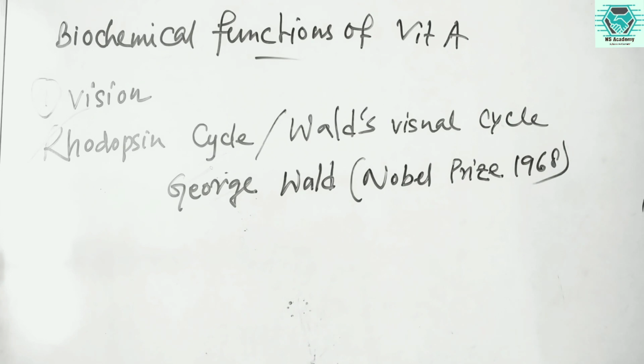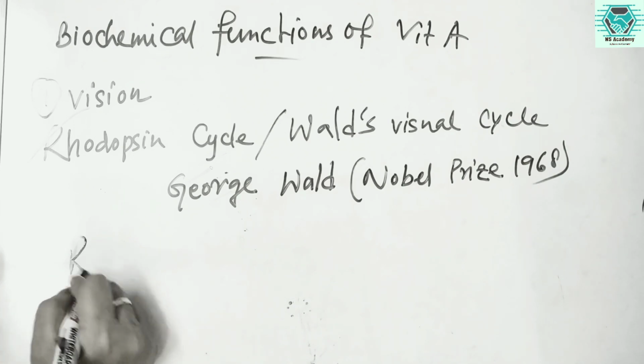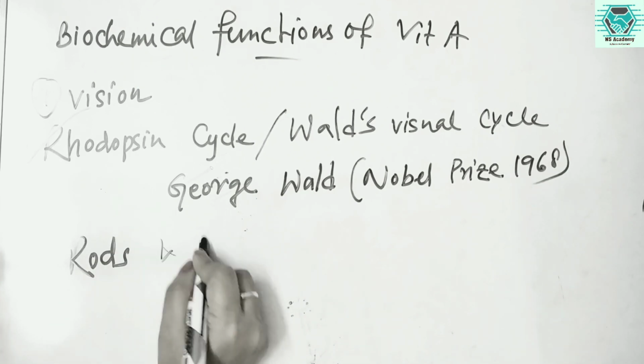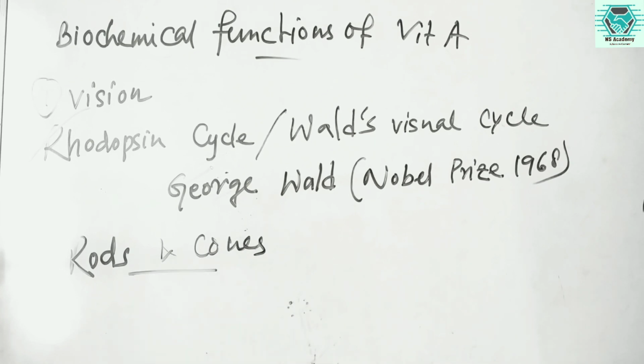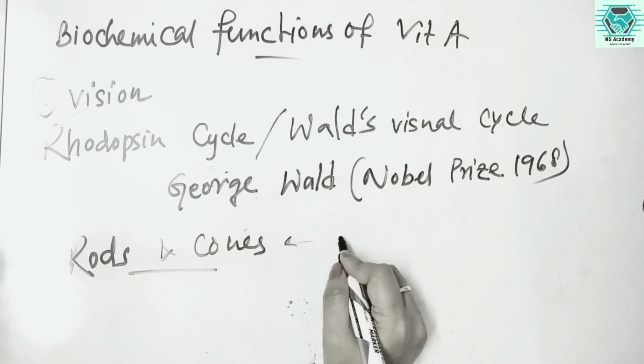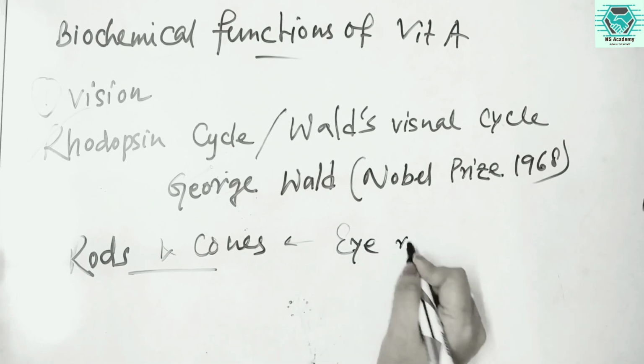Okay, so basically rod cells and cone cells, what are these? The retina of the eye possesses two types of cells. So basically rod and cone cells are present in the eye retina.